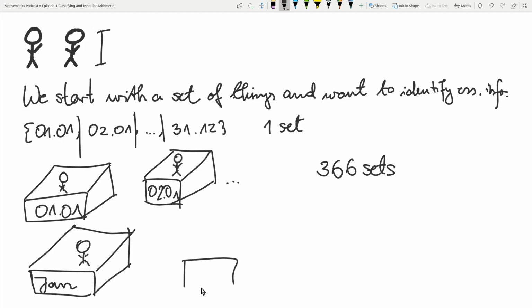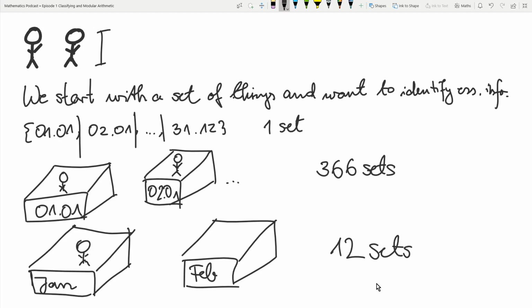This bucket might be for people born in February, and so on and so forth. This way, we end up with 12 sets. So 12 buckets that we can use to classify information.